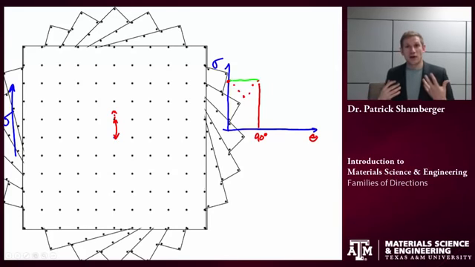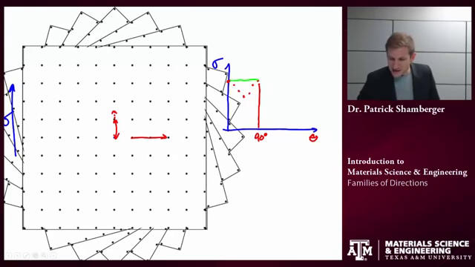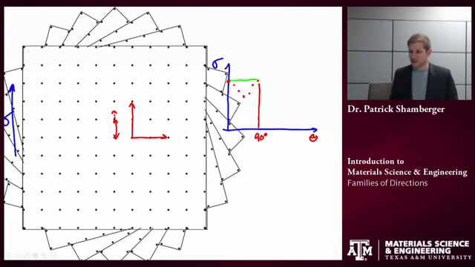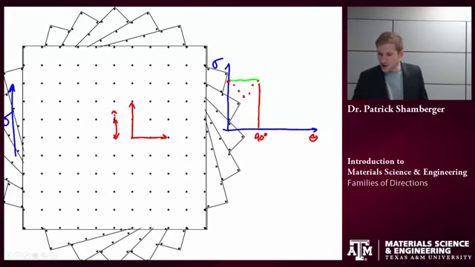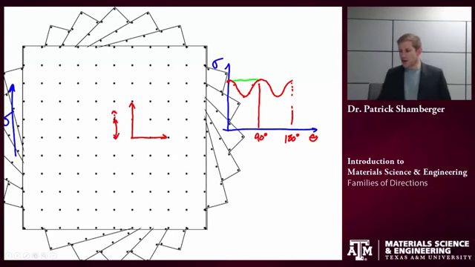And that's what I mean by equivalent directions. This lattice looks the same in this direction as it does in this direction. If I kept rotating, I would see this same pattern repeated. This would be 180 degrees, and it would keep repeating. In this case, that's because I have this fourfold symmetry.